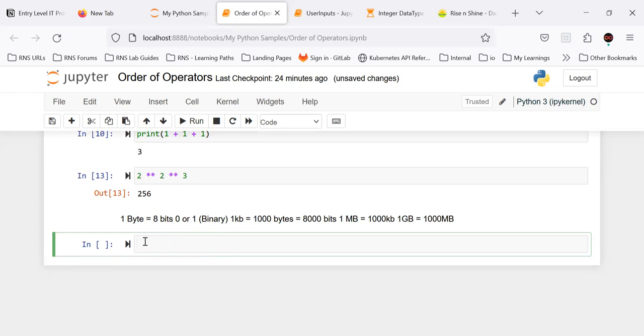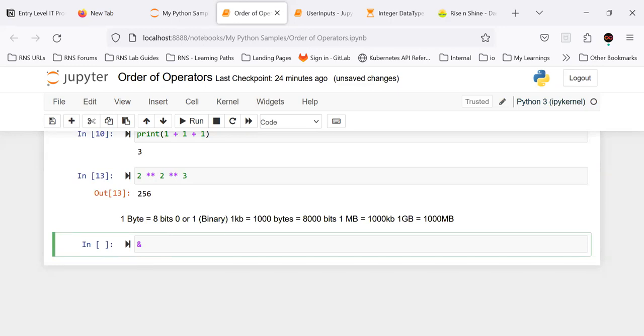In our operators, we have another type of operators, that is logical operators. Increment and decrement we already discussed. Let me represent it.